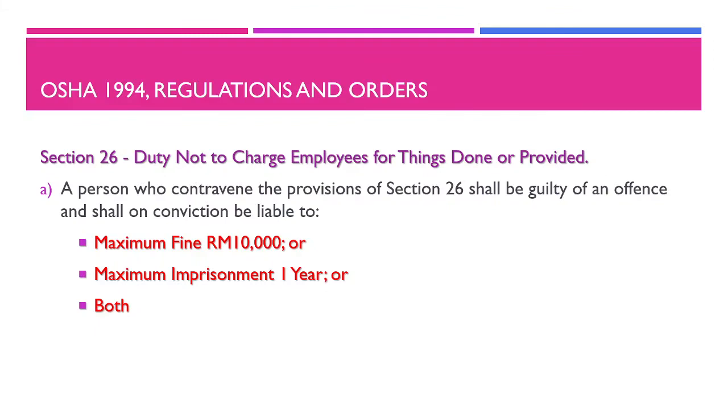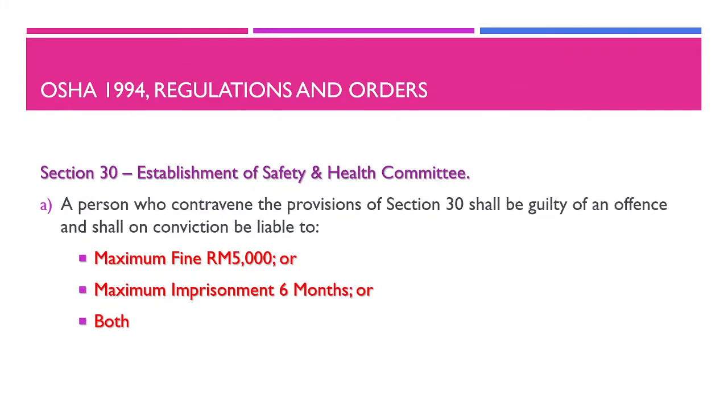If found guilty, they could be fined 10,000 ringgit or maximum imprisonment of 1 year or both. Section 30 is the establishment of the safety and health committee. If a person contravenes the provisions of Section 30 and is found guilty, there will be a penalty.